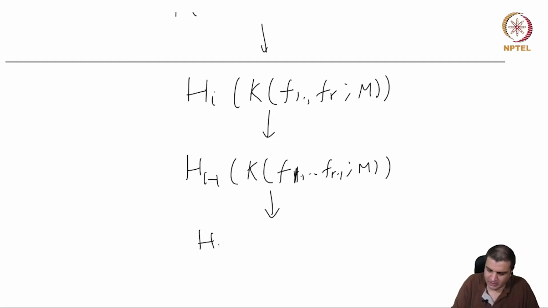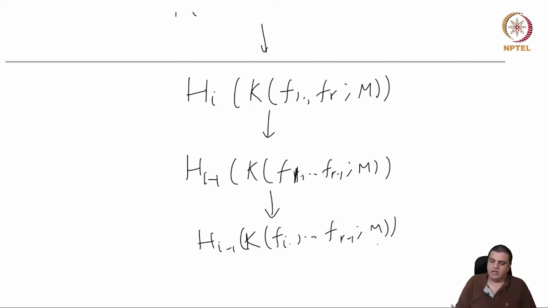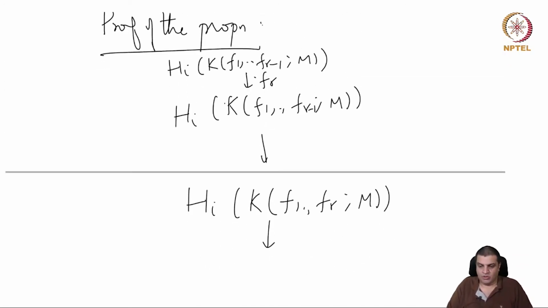It will appear twice, and this is multiplication by Fr. So this is what the homology is.